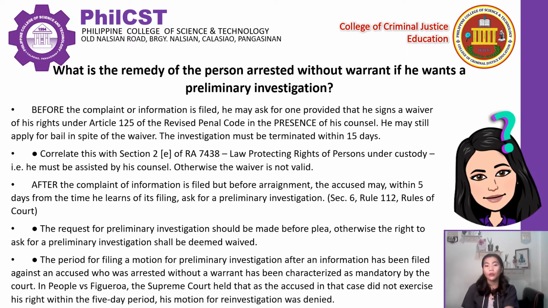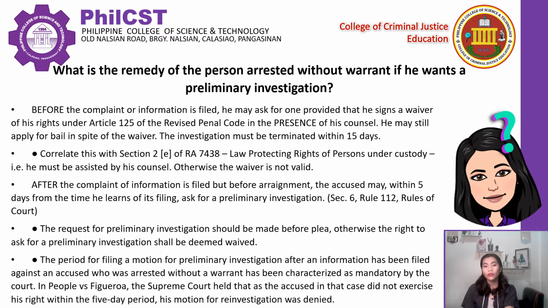After the complaint or information is filed, but before the arraignment, the accused may, within 5 days from the time he learns of its filing, ask for a preliminary investigation. So the request for a preliminary investigation should be made before plea. Otherwise, the right to ask for a preliminary investigation shall be deemed waived.